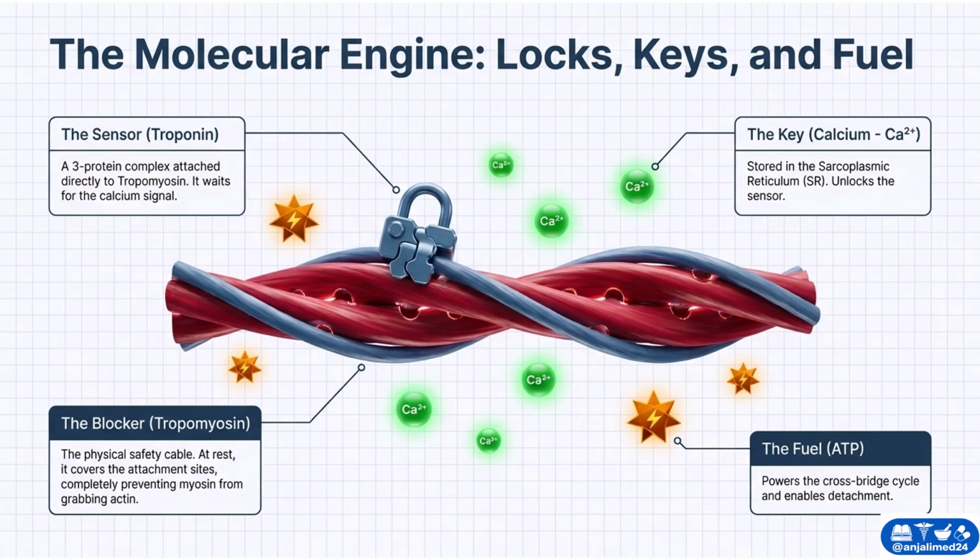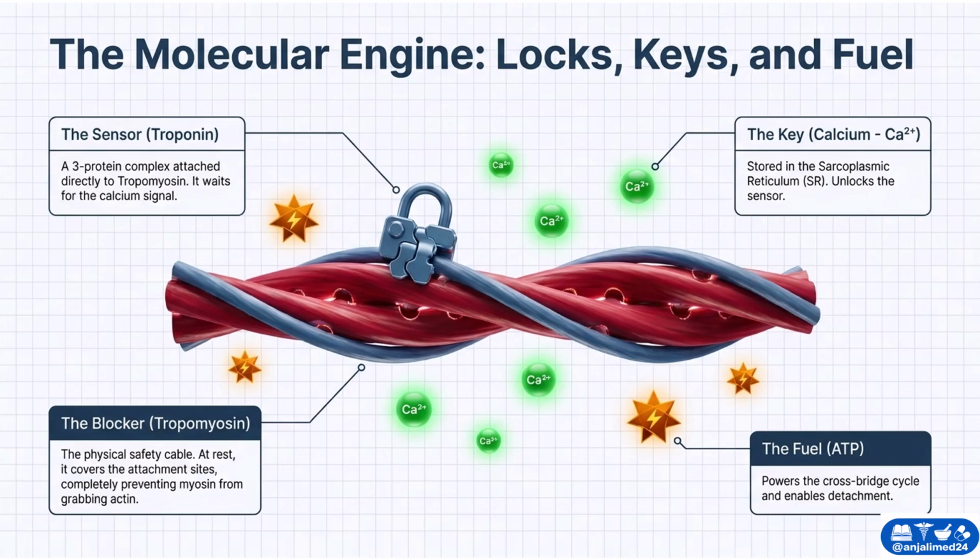But contraction cannot continue without energy. That energy comes from ATP, the fuel of the molecular engine. ATP performs multiple essential functions. First, ATP binds to the myosin head, allowing detachment from the actin after the power stroke. Second, ATP is hydrolyzed to ADP and inorganic phosphate, which recocks the myosin head into its energized position.